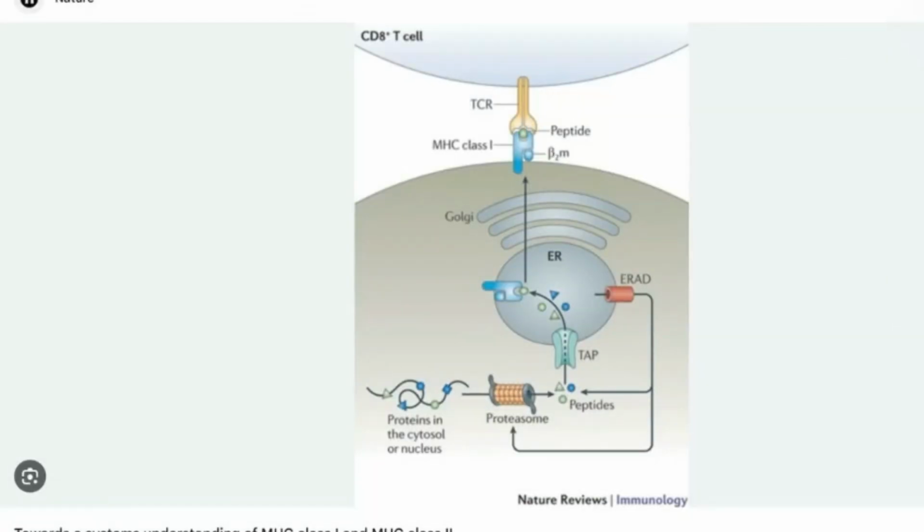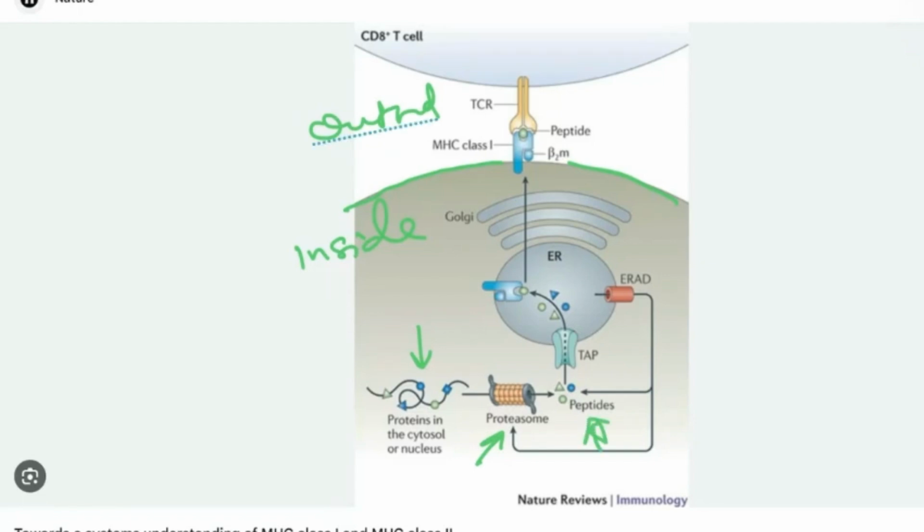This is the cell membrane, this is the outside of the cell, and this is the inside of the cell. When the cell produces a protein, either a viral protein or a cytosolic protein, that protein is first broken down by an organelle in the cell called the proteasome. Once it's digested into tiny peptides, you can see here.